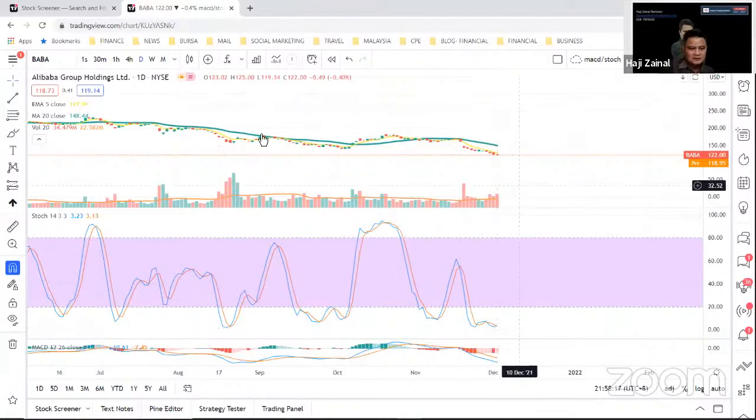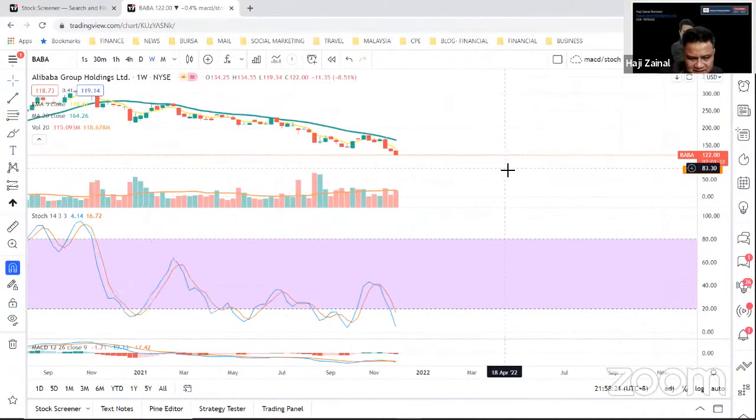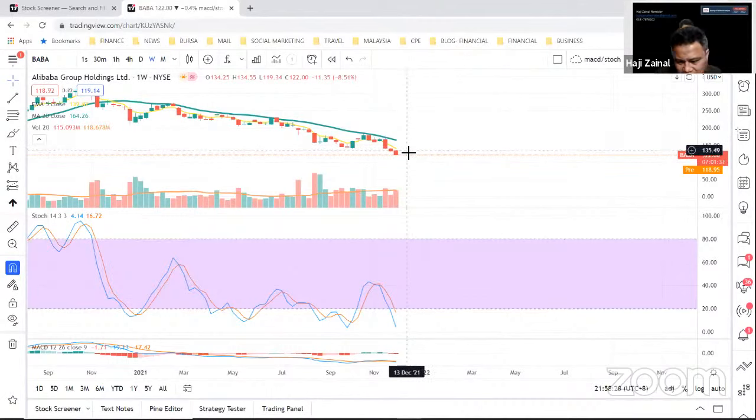So where is the best entry? The first best entry is if the price breaks above this 135. That is if you are an aggressive trader, which means that you are willing to take a high risk.